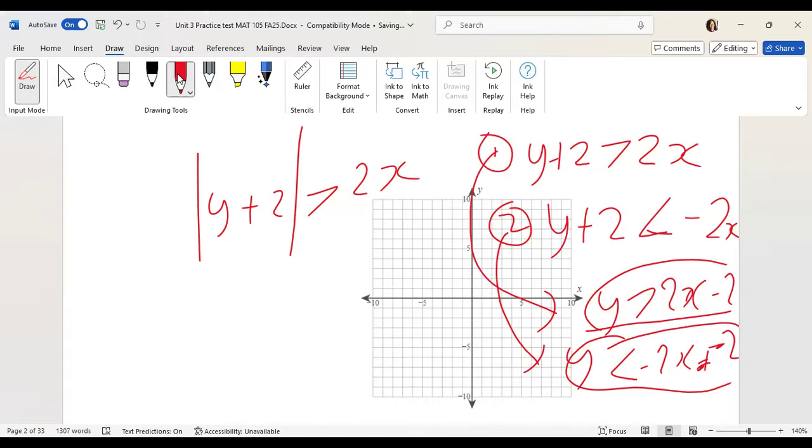Everybody already knows how to sketch the graph. But the one thing that is added is that when the absolute value is there, first you have to solve the absolute value.